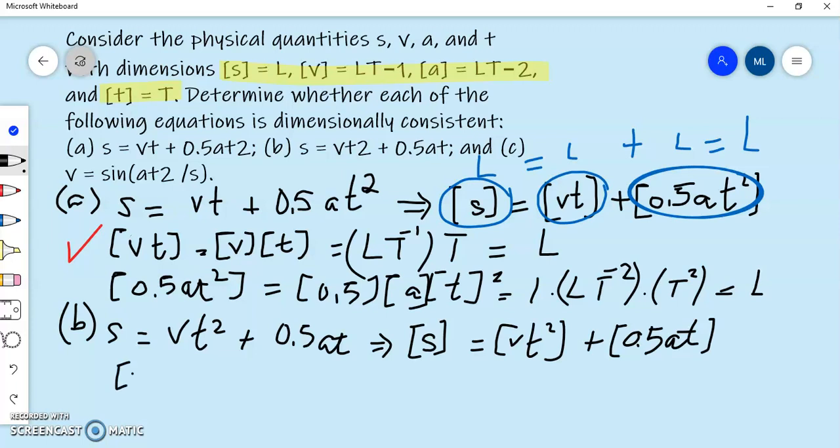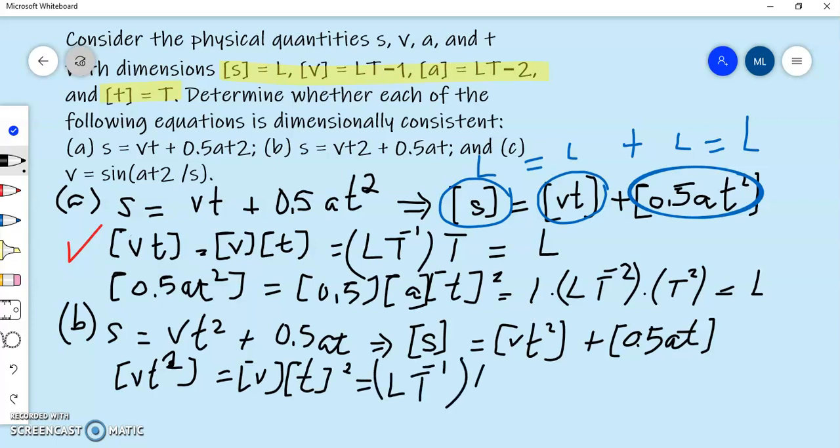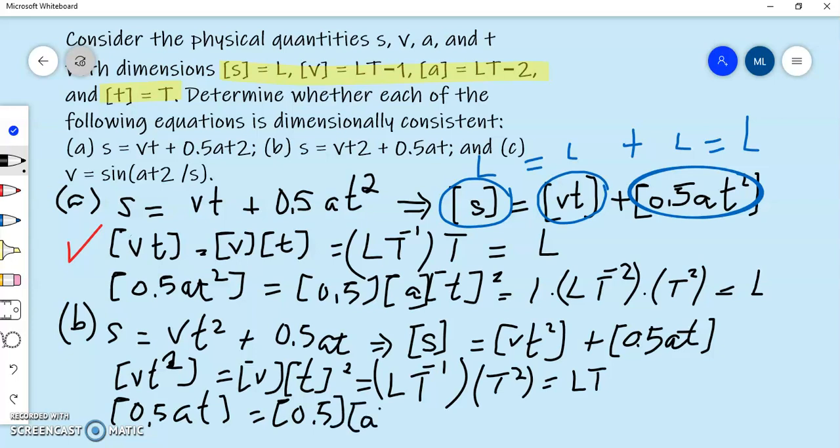Okay, so let's do the dimension of v t squared. That's the dimension of v multiplied by the dimension of t squared. That's L T to the minus 1 multiplied by T squared, and that is L T. The dimension of 0.5 a t is the dimension of 0.5 multiplied by the dimension of a multiplied by the dimension of t.